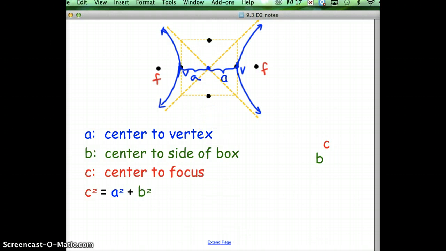The distance from the center out to this focus is C. And then the last distance we need to know about is from the center to the edge of the box. That's B.